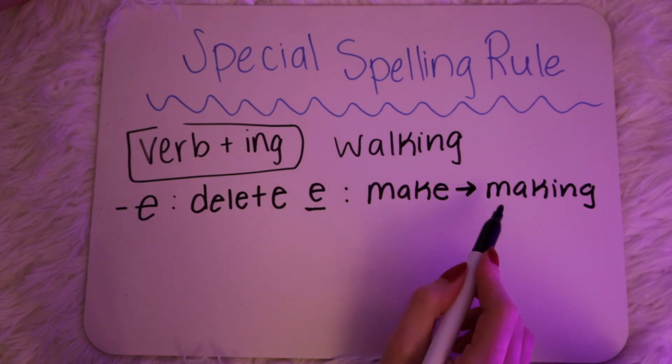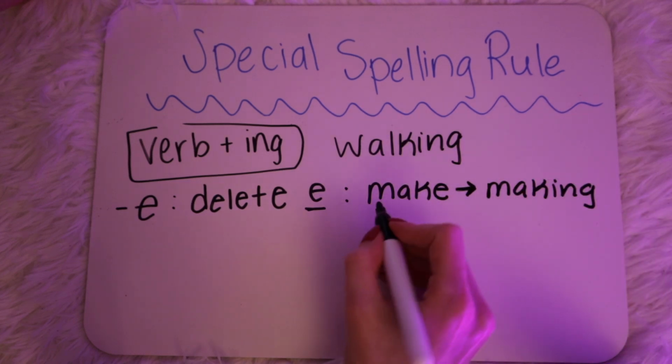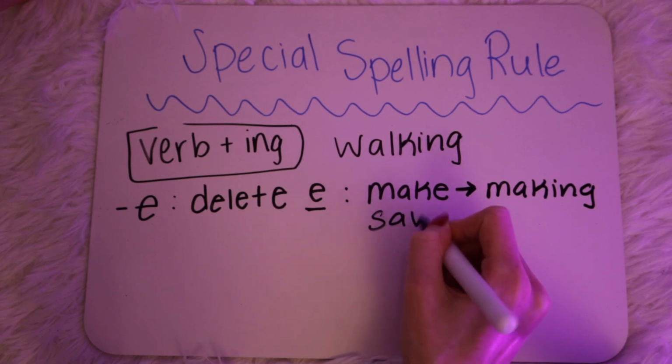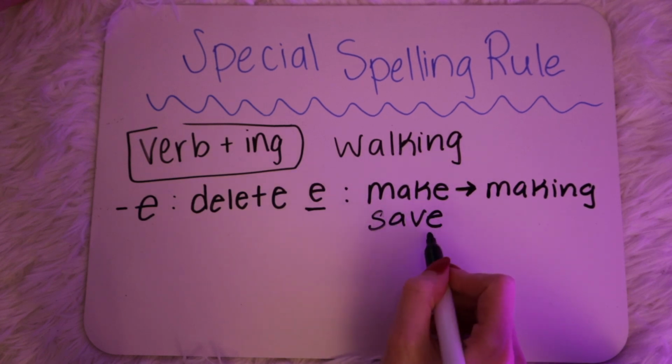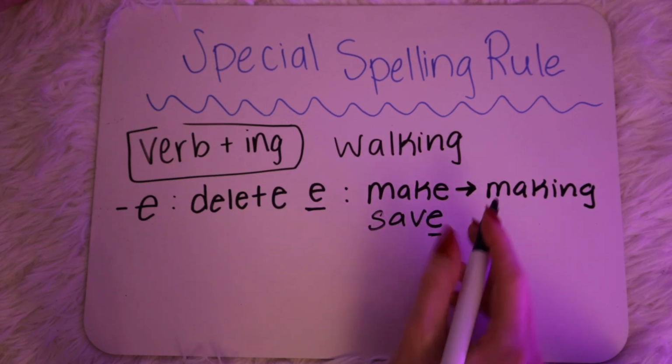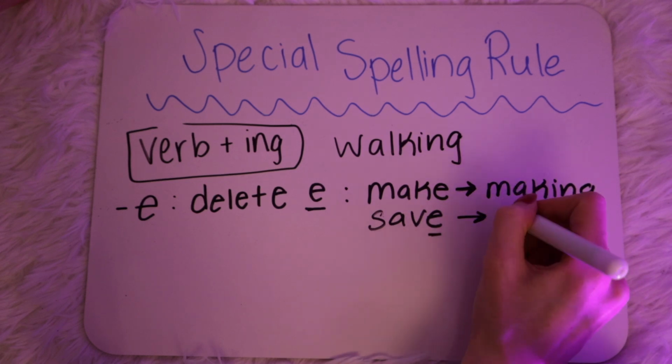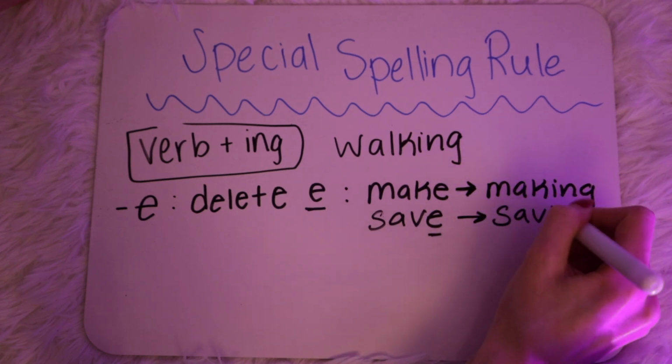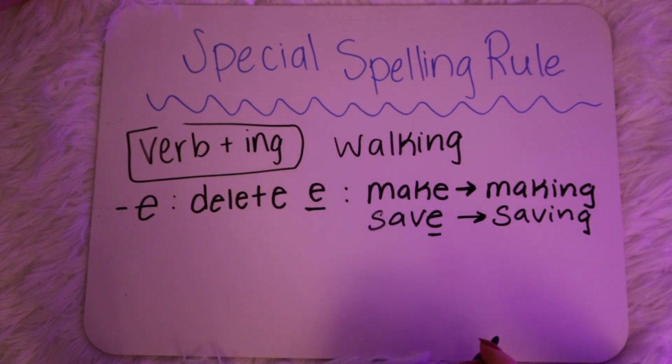Making, making. Let's do one more example. Save. This verb ends in E, so we need to drop the E and it becomes saving, saving. Okay, good job. Let's look at the next rule.